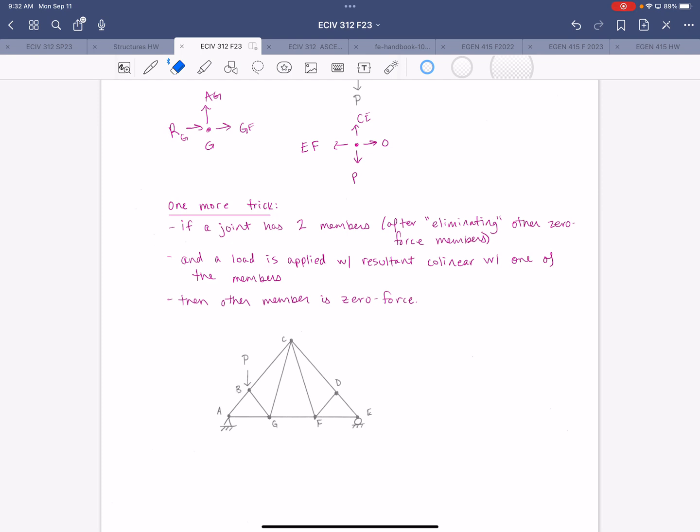What do you think? 5. 5? Any others? Okay. So the only force applied is at B.